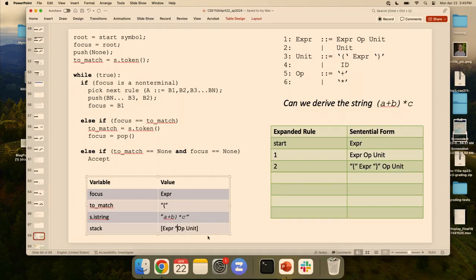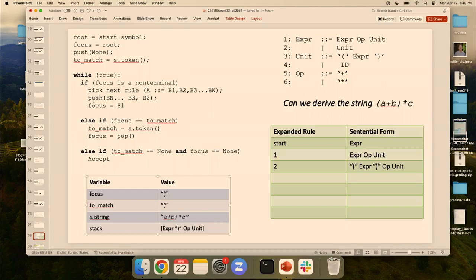Expr, close parenthesis, and then we have our op unit. That was there from last time. So we keep pushing things onto the stack. And then our focus becomes that first element, the open parenthesis. Is that making sense to everybody?